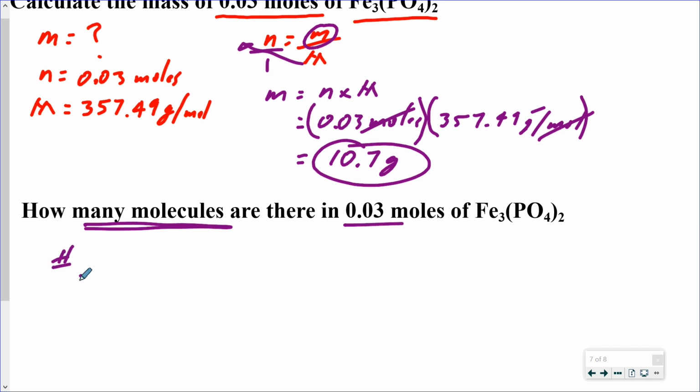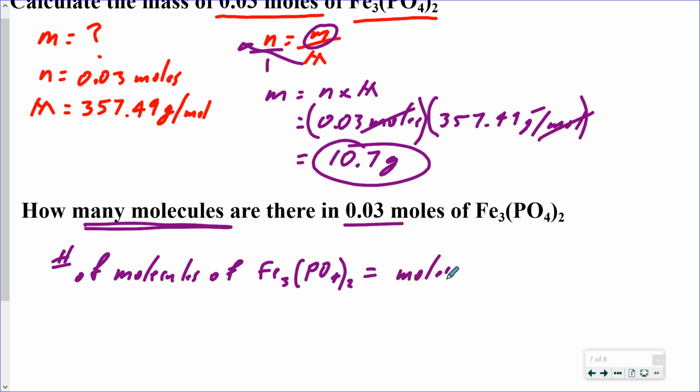So the number of molecules of Fe3(PO4)2 is going to be equal to the number of moles times Avogadro's number.